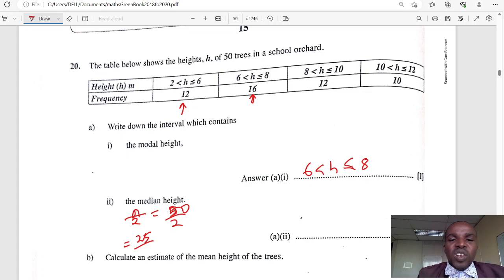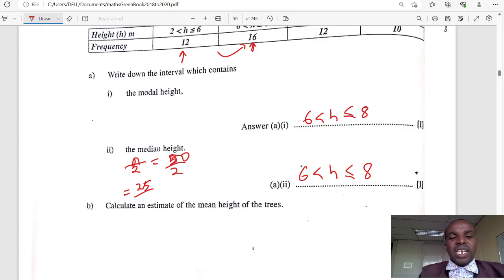Then 12 plus 16 is 28. So the 25th value is still in this range. Because the first class, 2 to 6, has 12, but up to 6 to 8 it is now 28. But we want the 25th value. So it lies within the range 6 to 8.